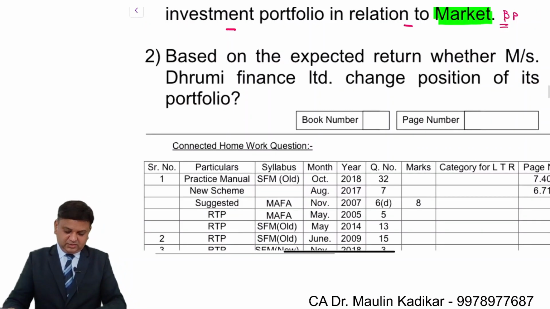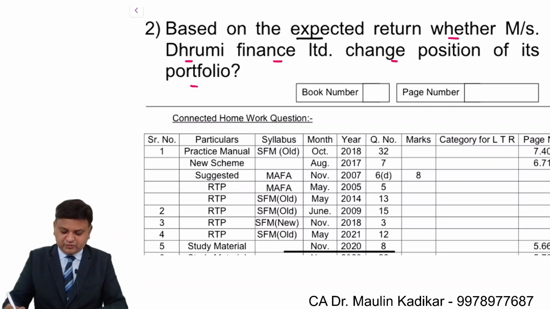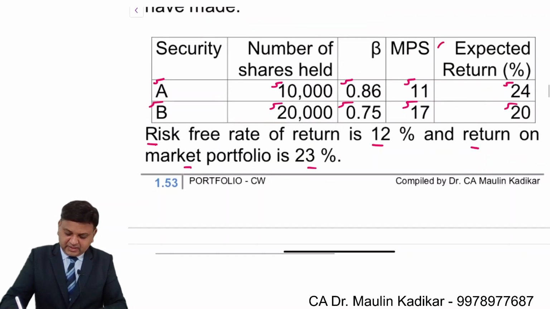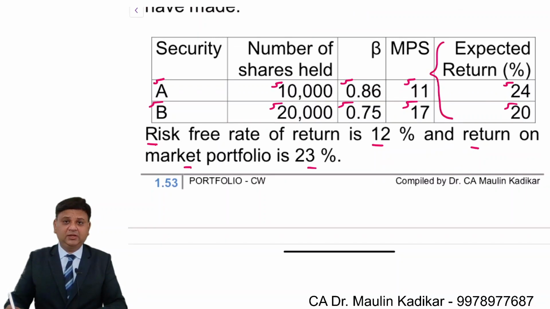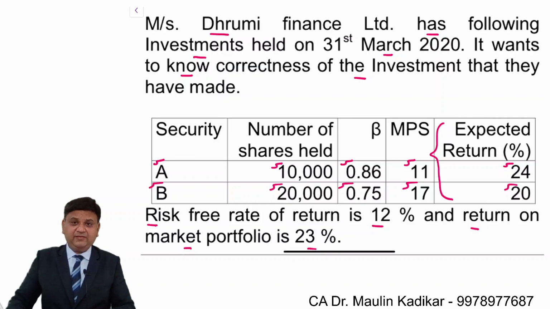Second part of the question: based on expected return, whether Messrs. Dhrumi Finance Limited should change the position of its portfolio. So the question speaks that, taking this into account, should the investor change the position of the portfolio? That is the question.